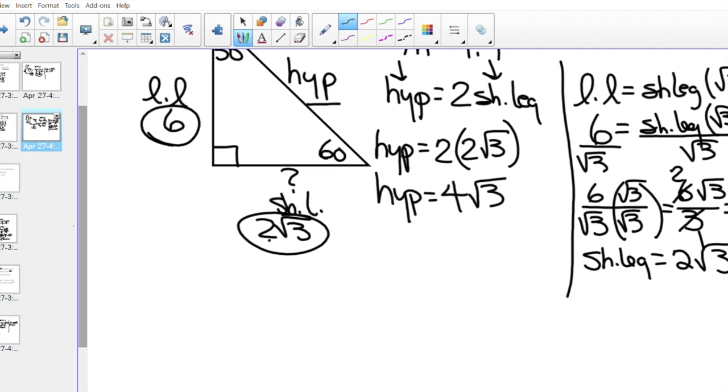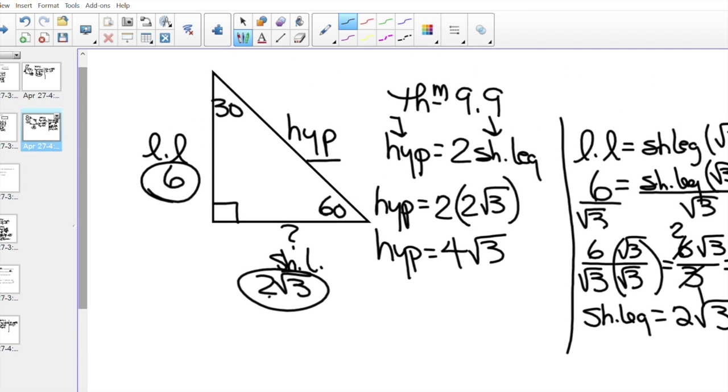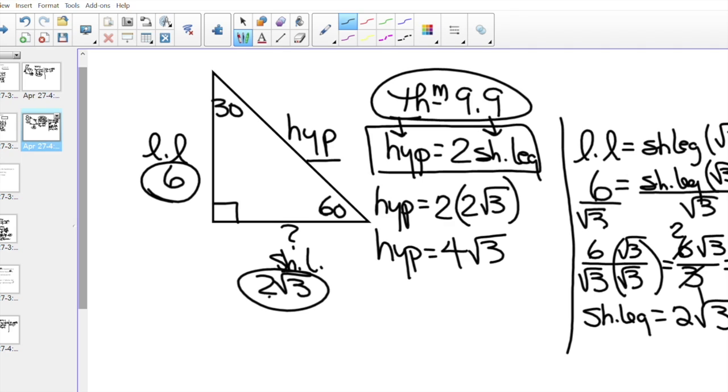And so that is your 3 examples on how to use theorem 9.9, which says the hypotenuse is equal to 2 times the shorter leg, and the longer leg is the shorter leg times the square root of 3. Now, that should help you work the worksheet on these problems.